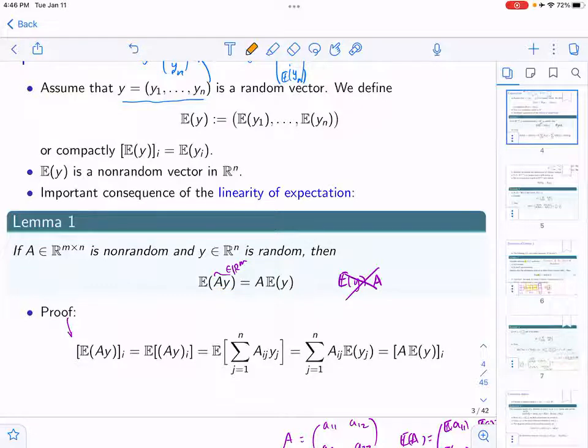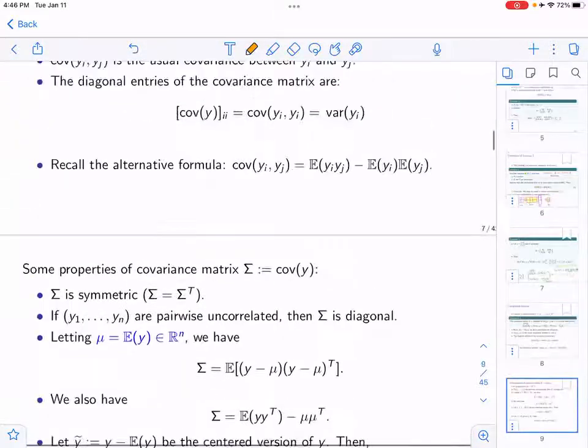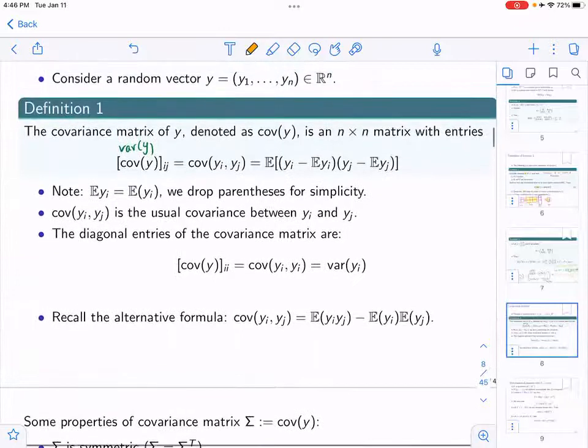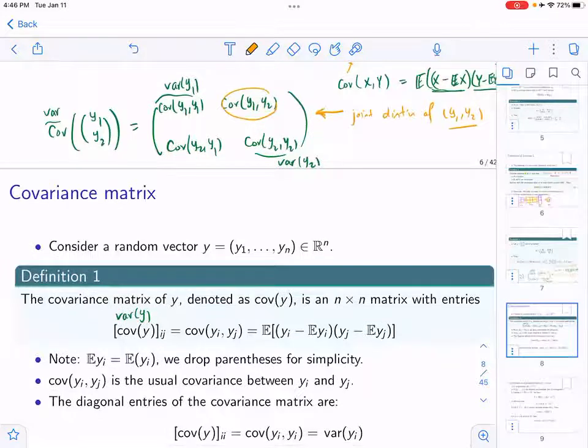We're going to use these tools to reduce the computation of the covariance matrix to something simpler. But if you are interested, I can assign you homework problems to compute it from the actual distribution. If you want to compute these in the actual setting, you have to go back to 100B.